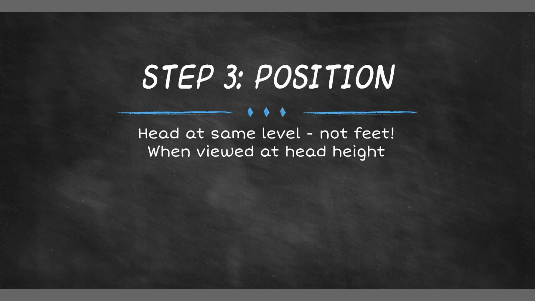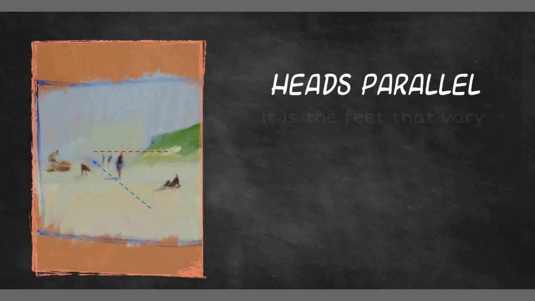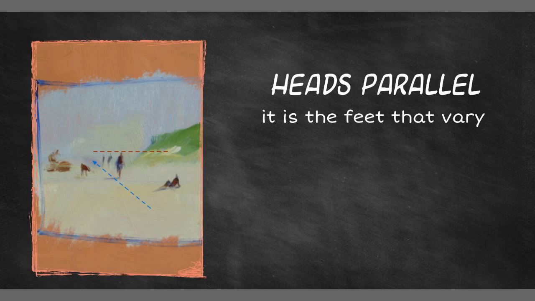The feet is where you indicate distance. So for instance, here in this little beach scene, your figures are receding into the distance, but the head heights are pretty much at the same level, but the feet and legs are different to indicate distance. So keeping the heads parallel is important.